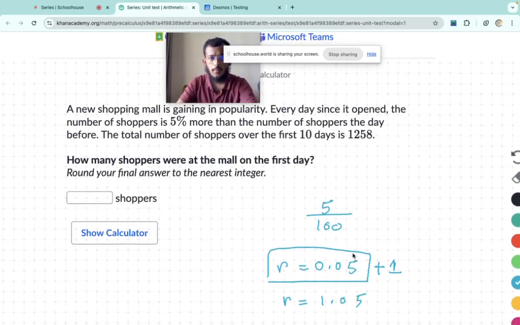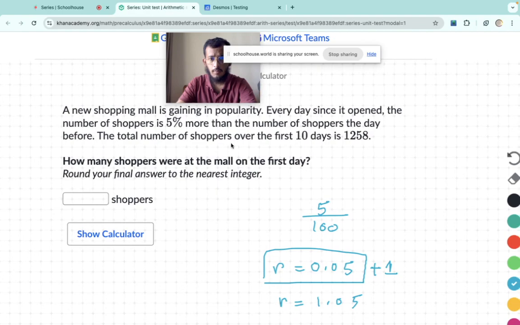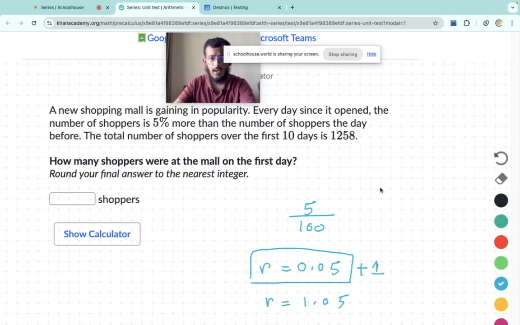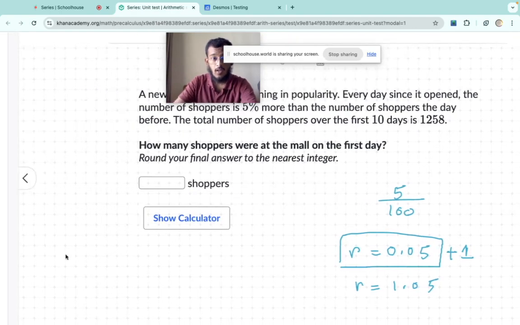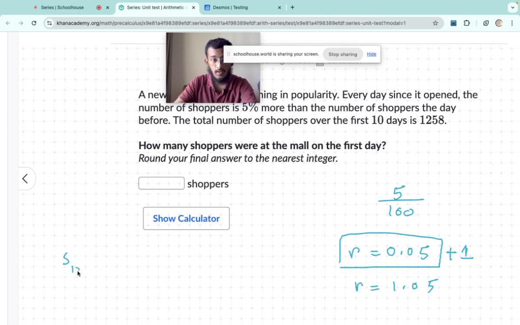Okay, so they've given us the total number of shoppers over the first 10 days is 1258. So S sub 10 is 1258. They're asking us to find a, the first term: how many shoppers were at the mall on the first day?